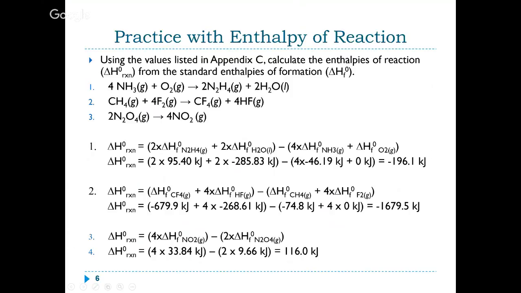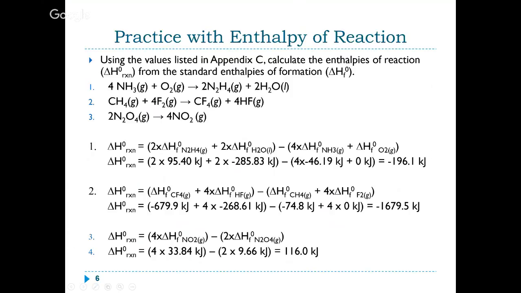Before we use any numbers, I like to just write out my equation first so that I can see everything that I need. So 2 times the enthalpy of formation for hydrazine plus 2 times the enthalpy of formation for liquid water. And we want to pay attention to make sure that we're using the right states of matter. Then we're going to subtract out 4 times the enthalpy of formation of ammonia as a gas, and then the enthalpy of formation of oxygen.